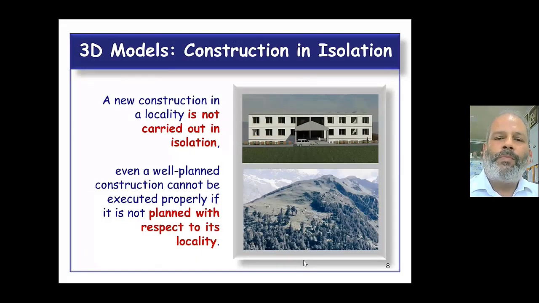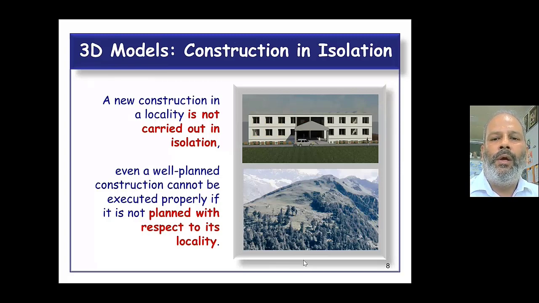But what happens if construction is to be carried out always on a particular location or on ground? It can never exist in isolation. Its surrounding plays a major role in its construction planning, in its execution, or during its life cycle.